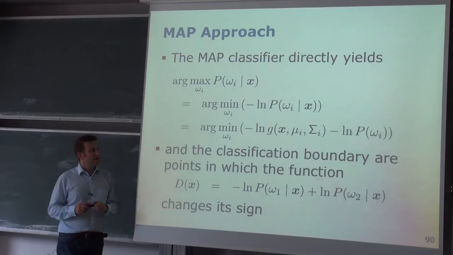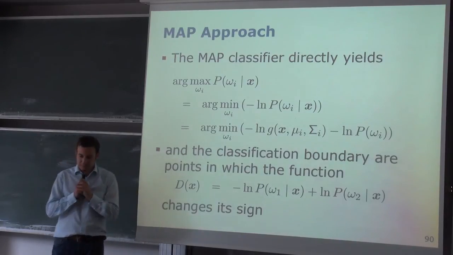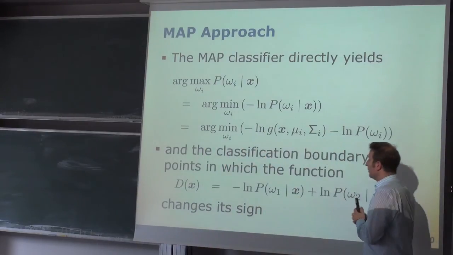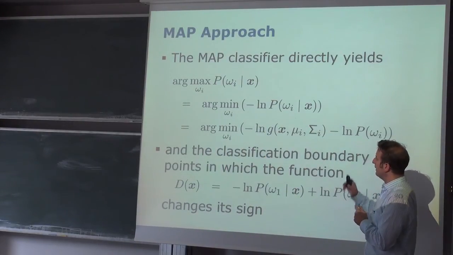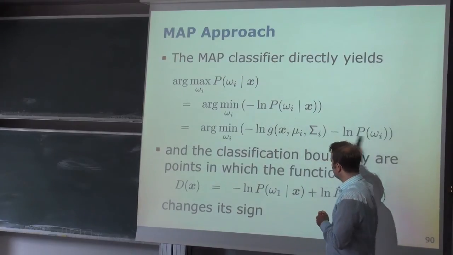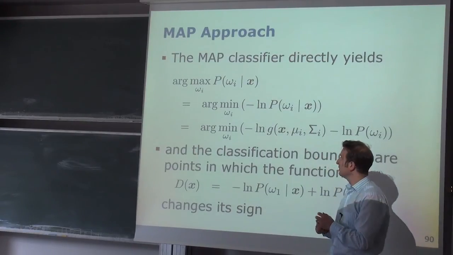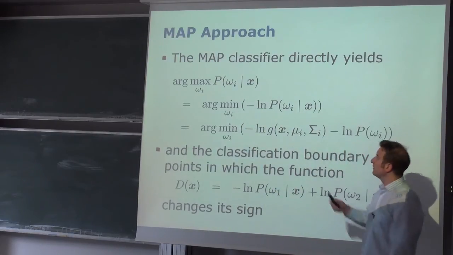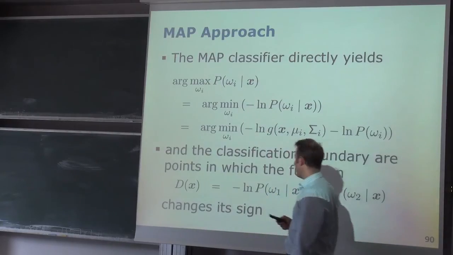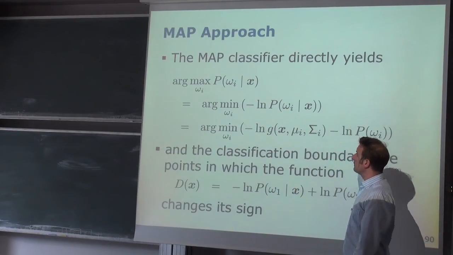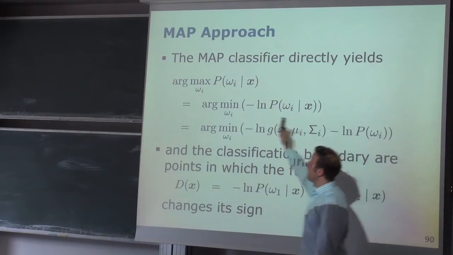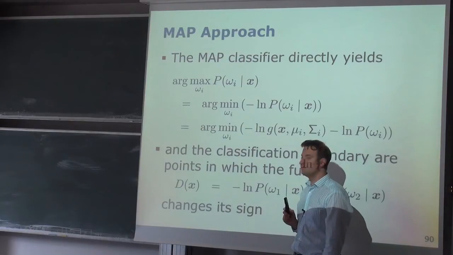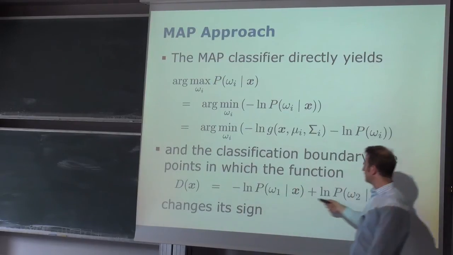Now, if we have two classes, we can look at this expression and define a function that is p of class 1 given x minus p of class 2 given x, or the other way around, minus p of class 1 given x plus p of class 2 given x. I can just define this function. This is what I've done here.